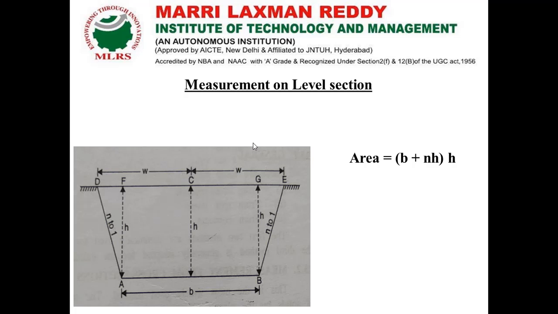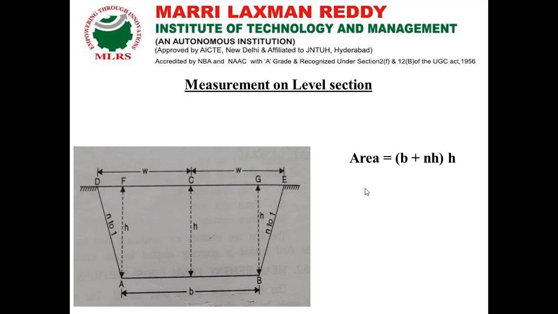So measurement on level section. Here I already said this is our base width, that is B, and these are our side slopes n to 1, and the heights are equal wherever we have taken. That is the cross section height at different places, and throughout the cross section the height is the same.